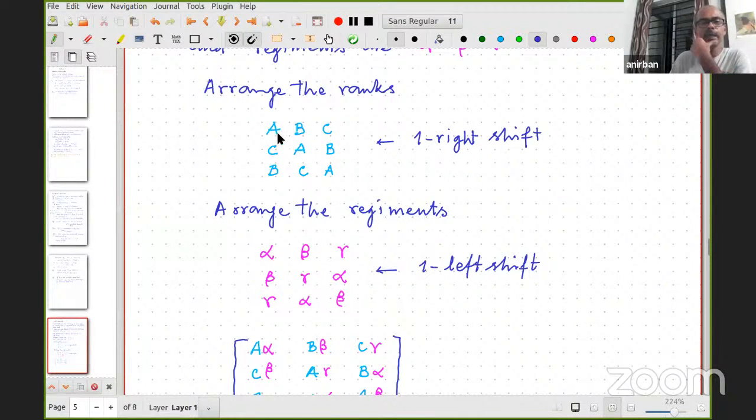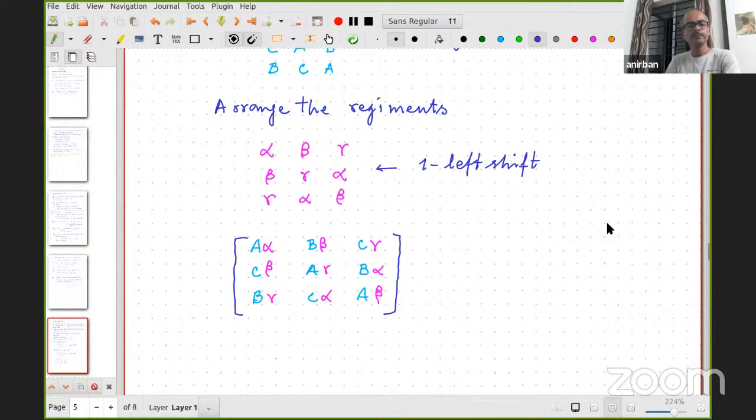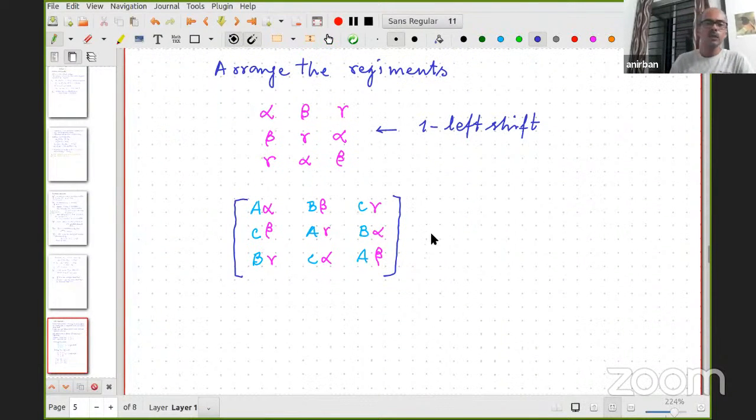For example, this row has A, B, C, and also this row. So every row and column has every letter once. These arrangements are called Latin squares. We'll discuss that a little later. So we have solved Euler's problem for 9 officers, but Euler's question is for 6.